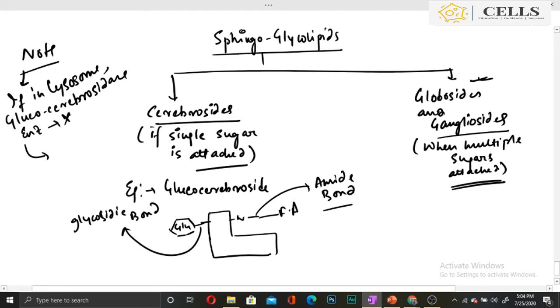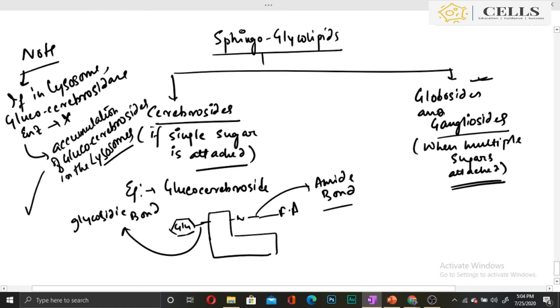There will be accumulation of glucocerebrosides in the lysosome, and this leads to a particular lysosomal storage disease.